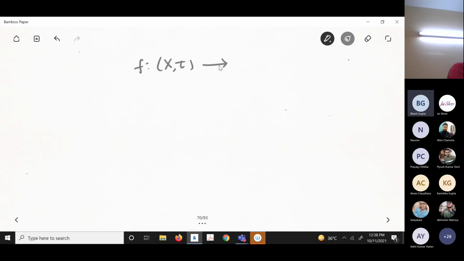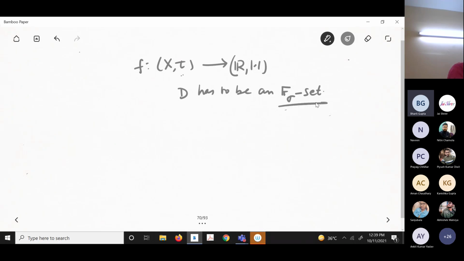Okay, so if you take any function, I don't know what the function is, and any topological space, the domain, then D has to be an F sigma set. That I'm going to prove, but before that, look, what will be the consequences?